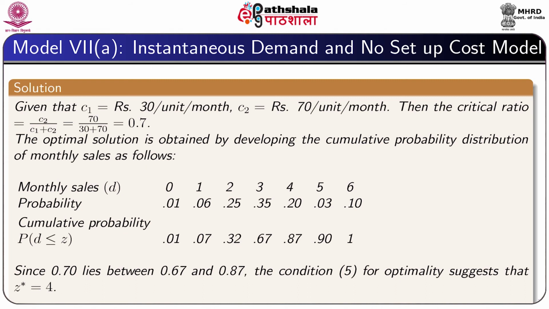Since 0.7 lies between 0.67 and 0.87, the condition for optimality suggests that Z star should be equal to 4, as 0.87 corresponds to the monthly sales D equal to 4.